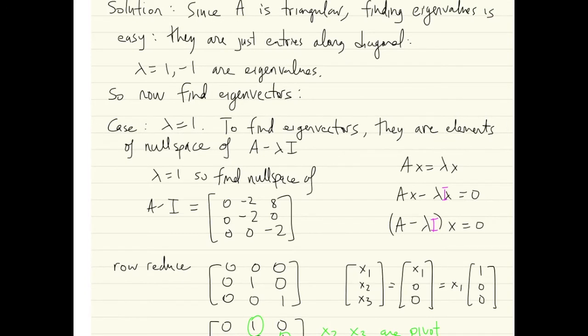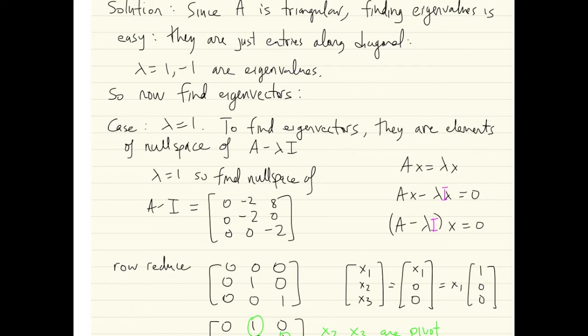So let's deal with the case where lambda is equal to 1. We'll deal with the case lambda equals negative 1 shortly. Lambda is equal to 1, so we need to compute A minus I, which turns out to be this matrix.